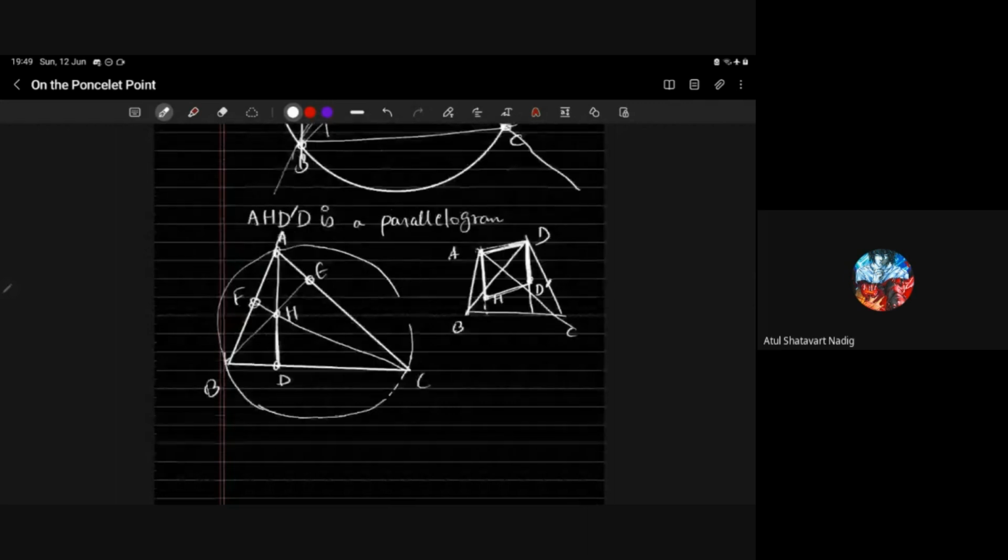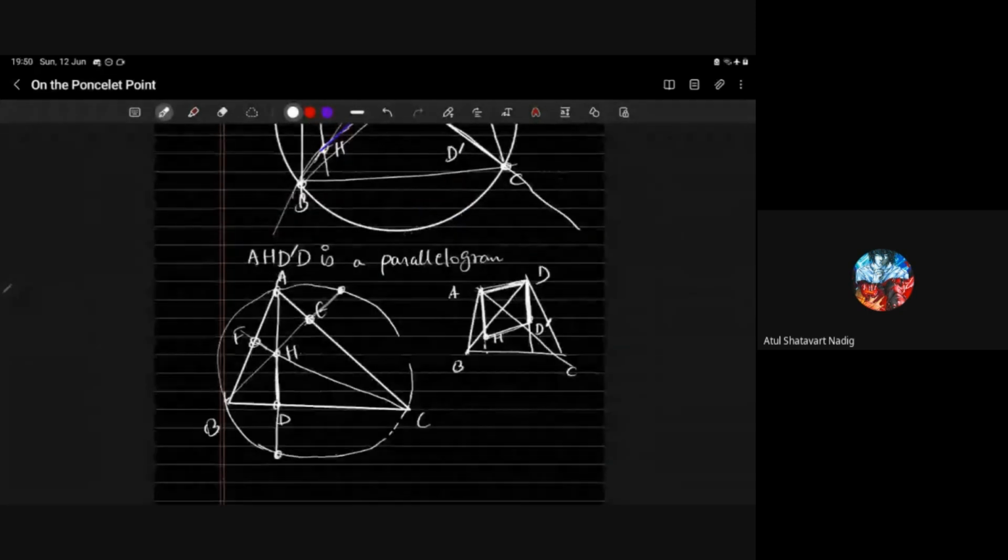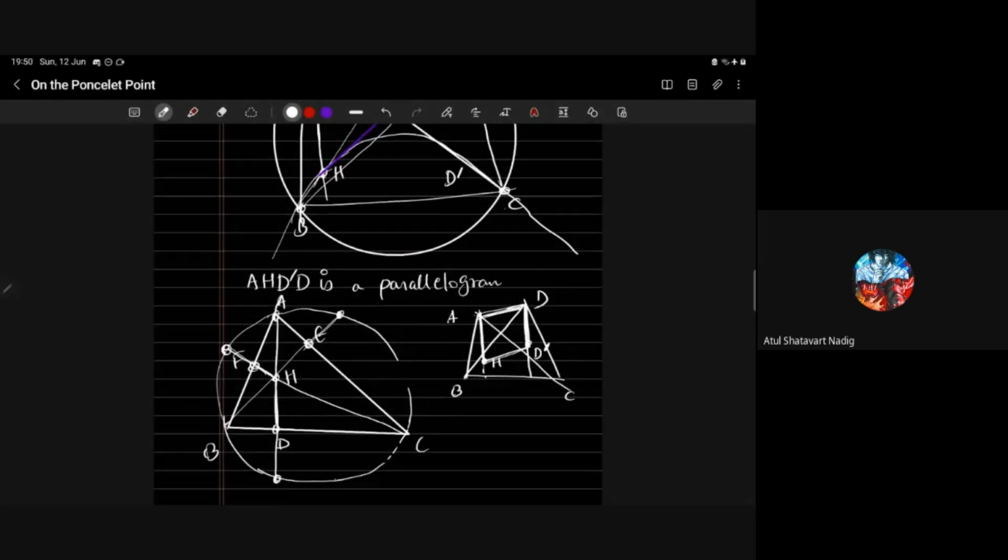Now, if you scale this by 2, D goes to the reflection of H in BC, E goes to the reflection of H in CA, F goes to the reflection of H in AB. So the 9-point circle will go to the circumcircle.